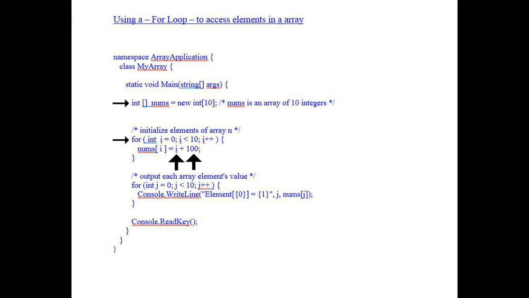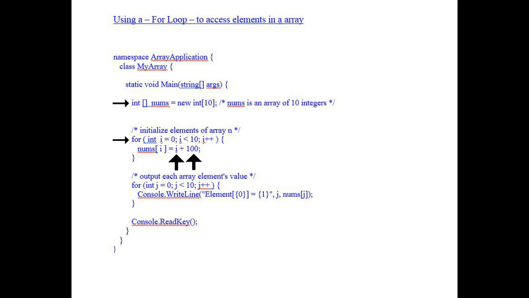So the very first element of nums will contain the value 100, and then as I is incremented, then I plus 100 will then equal, on the second pass it will equal 101, and on the third pass it'll be 102, and so on until I is greater than 10. Then this for loop will terminate.